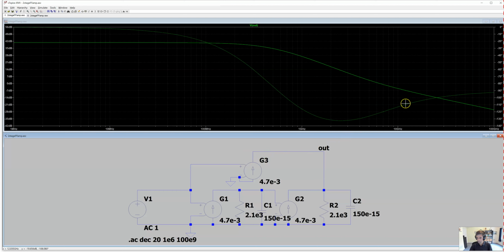So let's check our phase margin. The phase margin can be observed by looking at the unity gain frequency here. It's about 6.5 gigahertz. If we go down and look at the phase response there, indeed it's at around minus 135 degrees, so a little bit more than 45 degrees of phase margin, just like we calculated.